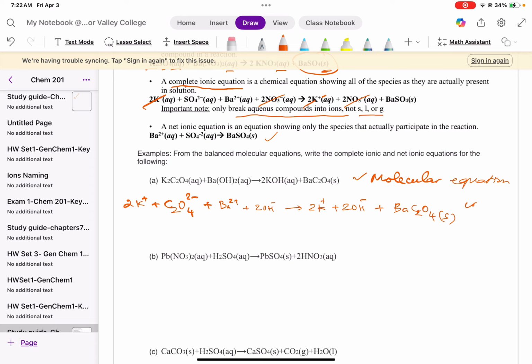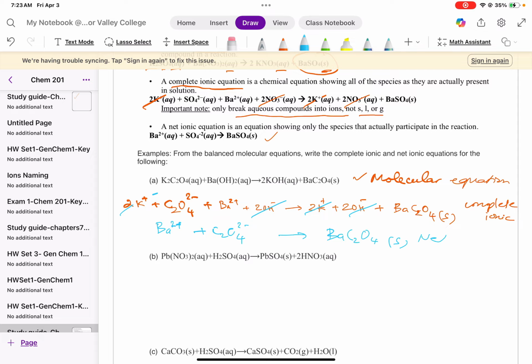So that's the complete ionic equation. And then after we cancel out potassium and hydroxide, we end up with barium plus oxalate giving us barium oxalate.